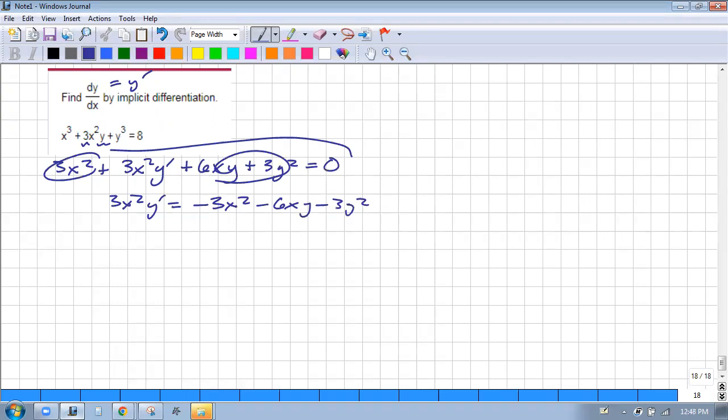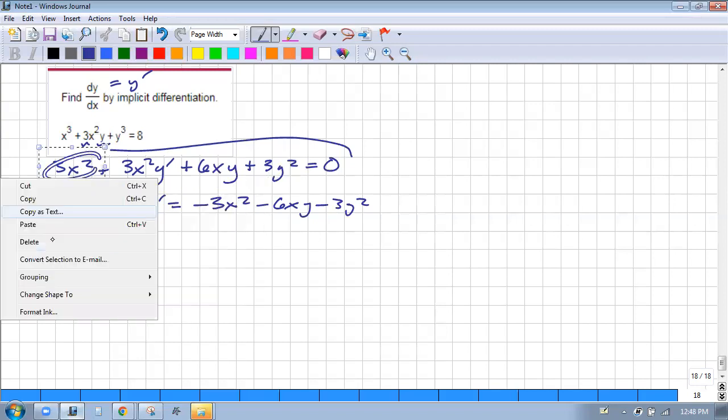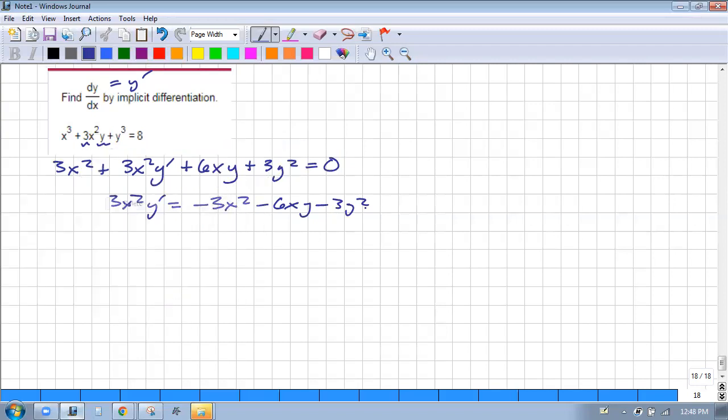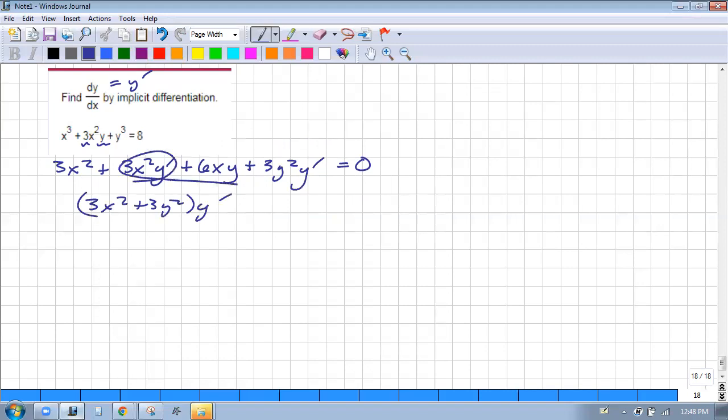Oh, you know what? I screwed up. Hold on. This was good. When I took the derivative of this, yes, 3y squared times the derivative of y. I forgot to do the chain rule there. So now we collect whatever has y prime in it. These two things, I just factored out the y prime.